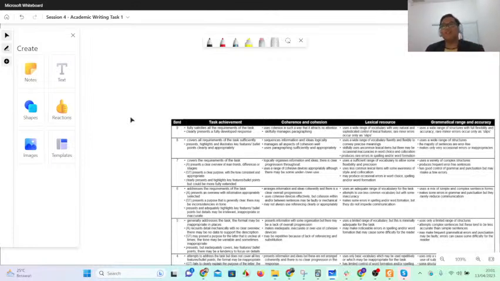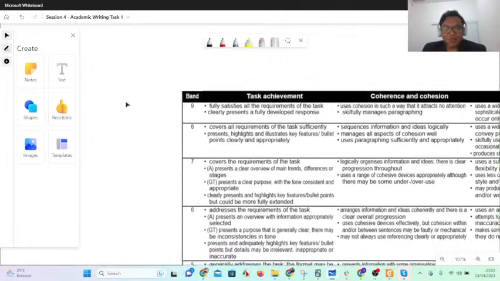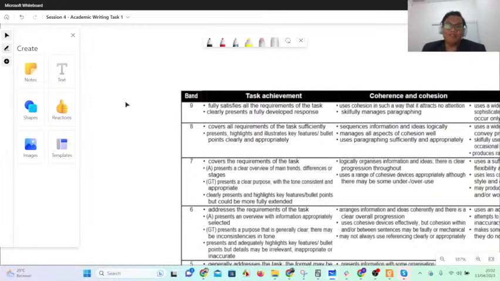Of course, when it comes to IELTS Task 1 writing, we have to take a look at the grading rubric, because we take this test knowing that someone will grade our writing, so we need to know what the examiners are looking for. That is a crucial aspect of doing an IELTS.